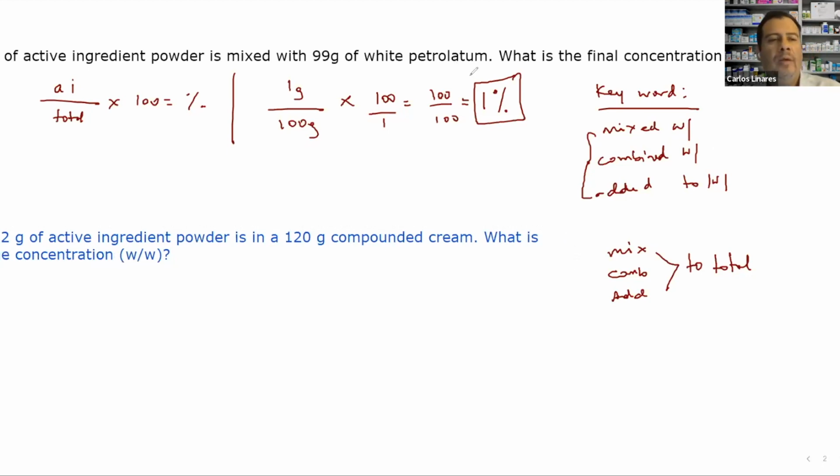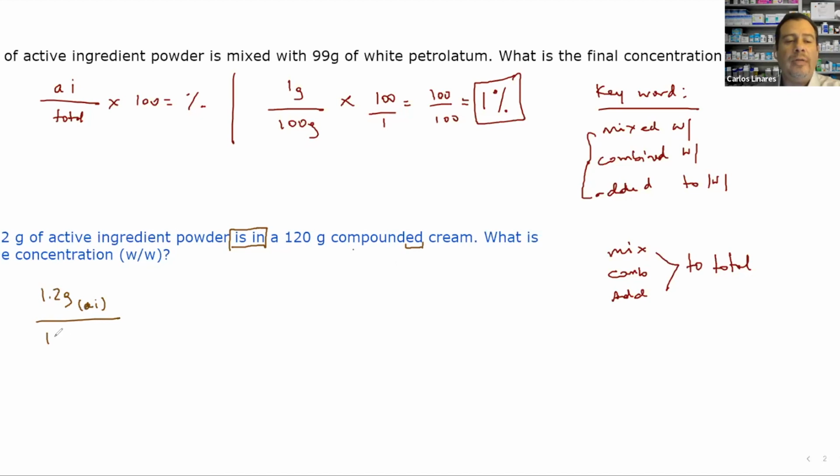However, with this problem, we got to look at some rules of grammar. So compounded means it's been made. And these words here say "is in." So 1.2 grams of active ingredient is in a 120 grams compounded cream.